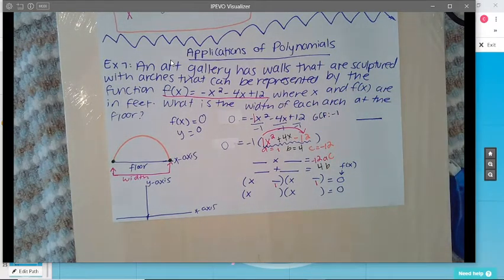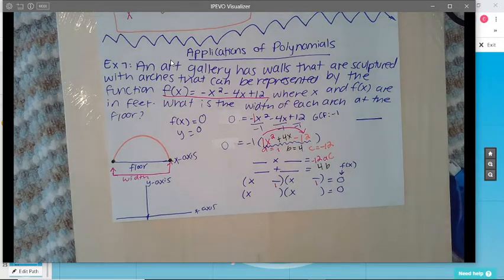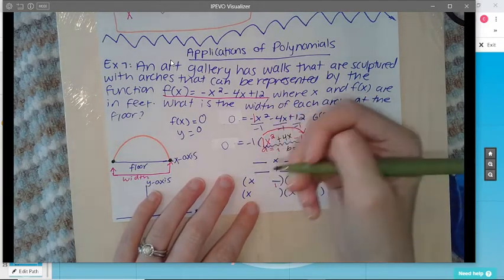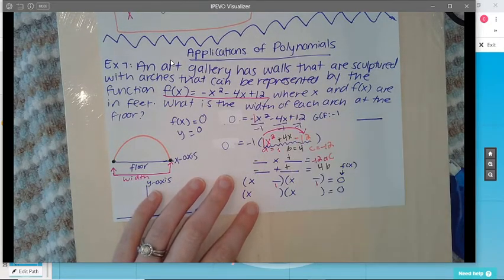I need two numbers that will multiply to be negative 12, which remember, if you're going to get a negative, what times what gives you a negative number? Fabulous, you guys. I need one negative and one positive. A negative times a positive is a negative. So let's keep that in mind.